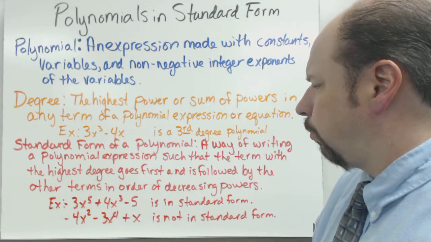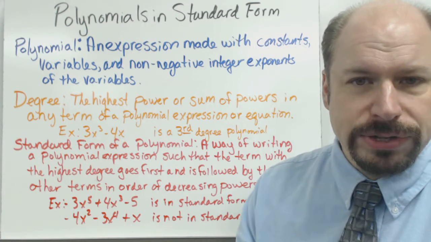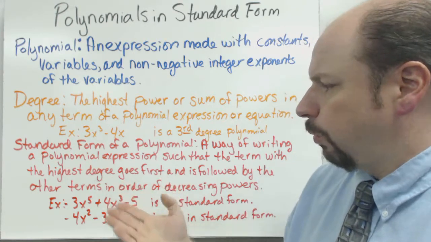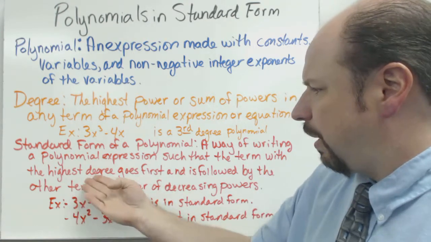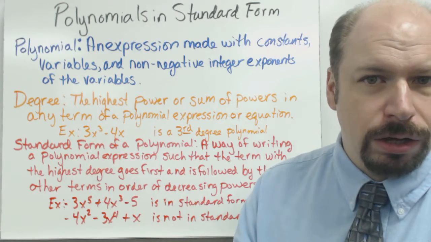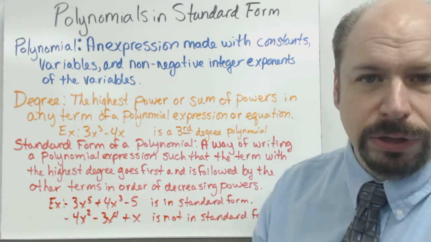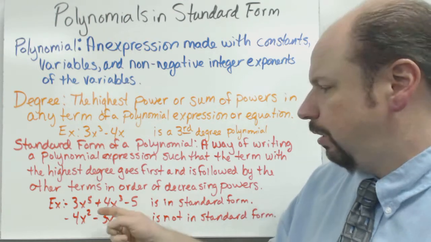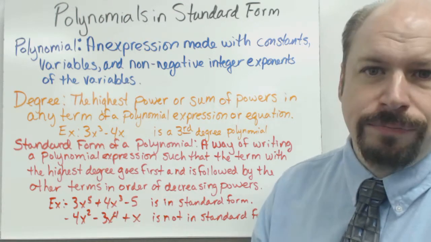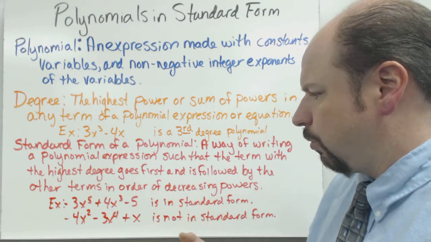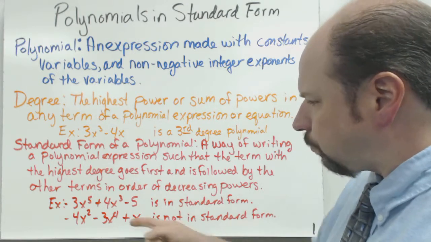Standard form of a polynomial is just a way of writing polynomials. And the way that you put them in standard form is we have to look at the highest degree in the expression, and that always goes first. And then we look for the next highest degree term, and that goes next. And then the next highest degree term goes after that, and so on.